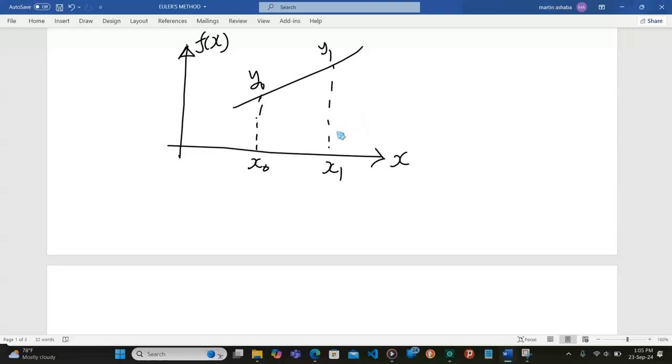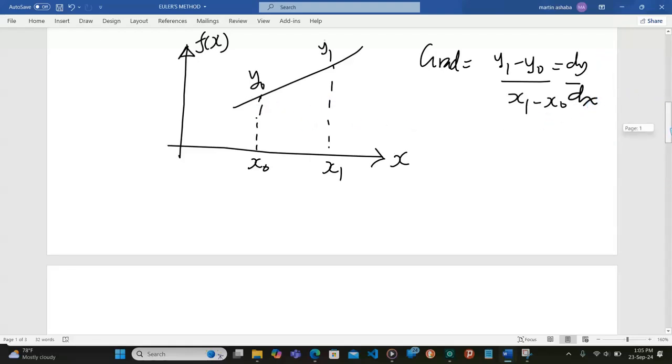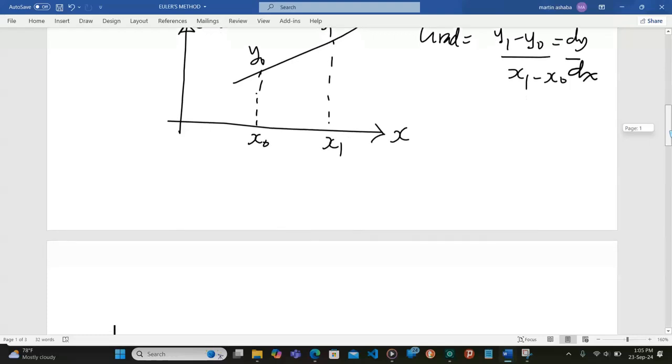So if we are looking for the gradient of this line, the gradient will be y1 minus y naught divided by x1 minus x naught. But remember, the gradient is the same as dy/dx. Yes, the gradient of the line is always the change in y over the change in x. Therefore, it becomes dy/dx, a derivative.